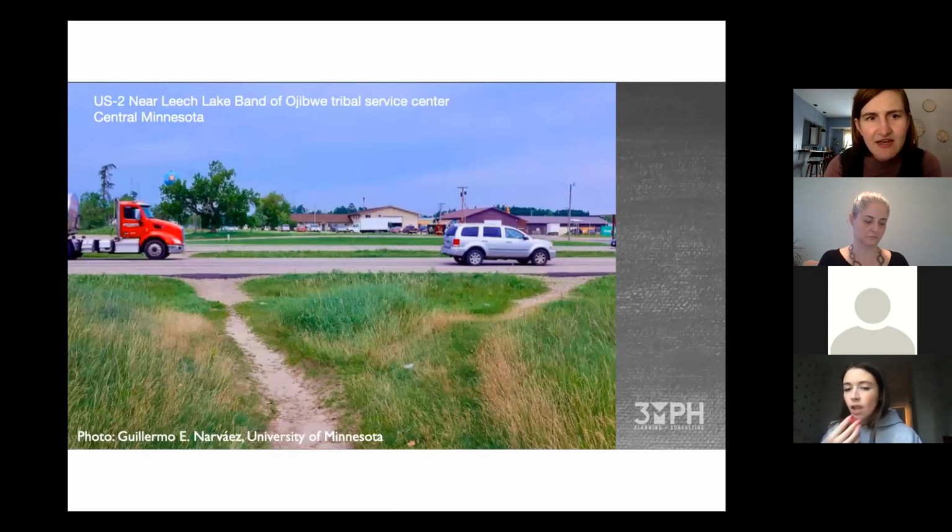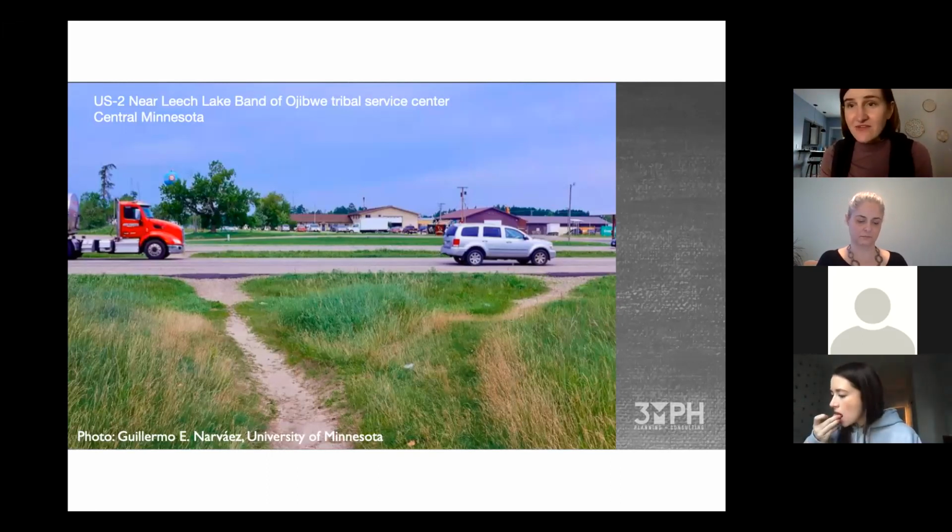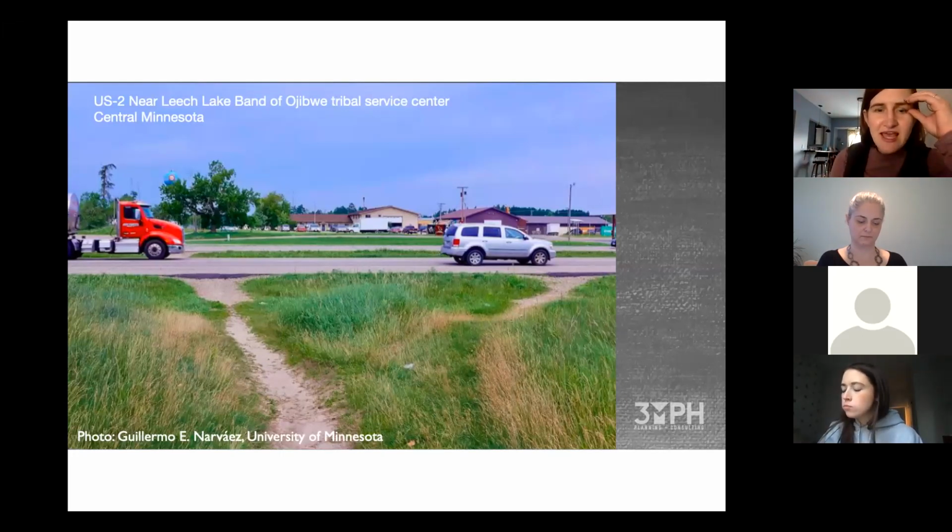So again, just to tie it into this issue of there being racism in how we're deploying safety amenities in our government bodies, here's an example I like to use. I talked a little earlier in the presentation about how Native folks are at almost 5 times the risk of being killed while walking.